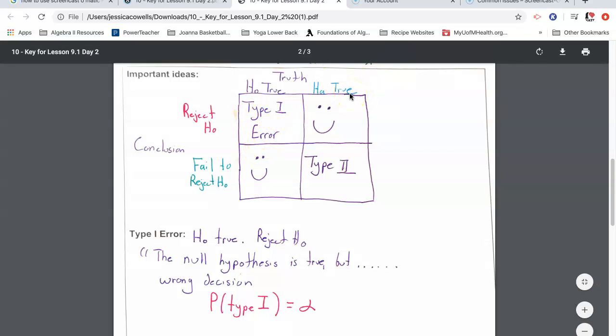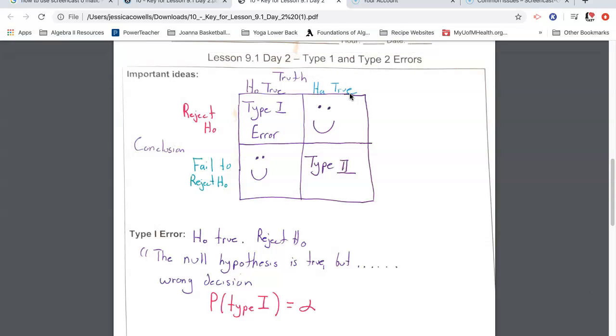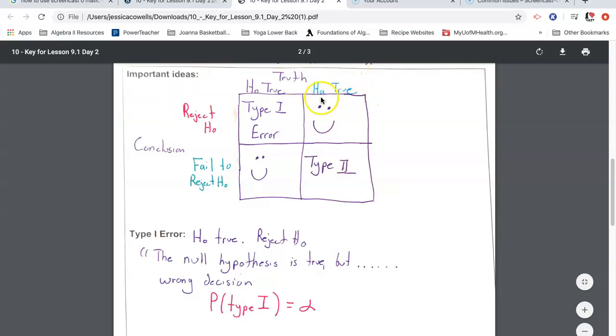Now, if our evidence shows us that the alternative hypothesis is true, that the evidence is going against the null hypothesis and supporting our alternative hypothesis, we would reject the null hypothesis, and that's what we want to do. So that's why we have the smiley face there.